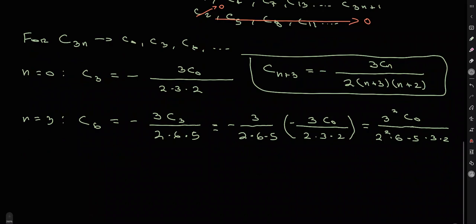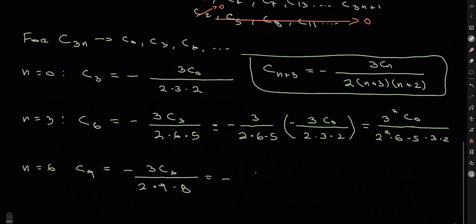So now for n equals to 6, so that is c sub 6 plus 3, that's 9, equals to negative 3c sub 6 divided by 2 times 6 plus 3, which is 9, times 6 plus 2, which is 8. Okay. However, you might want to write c sub 6 in terms of c sub 0.